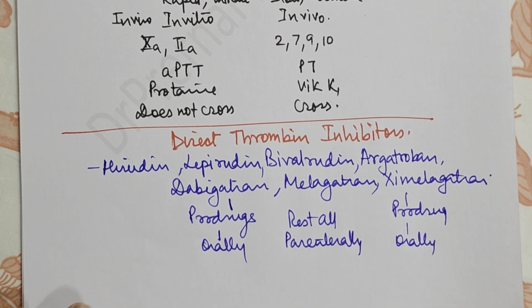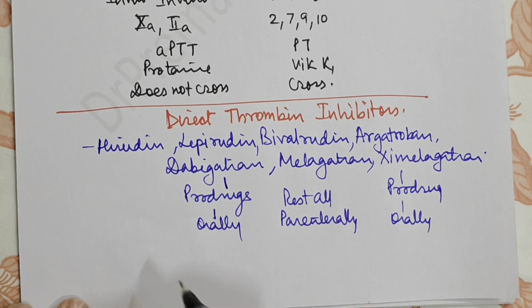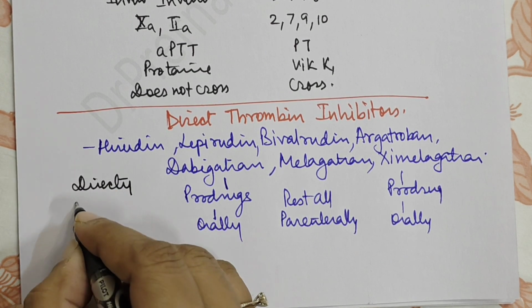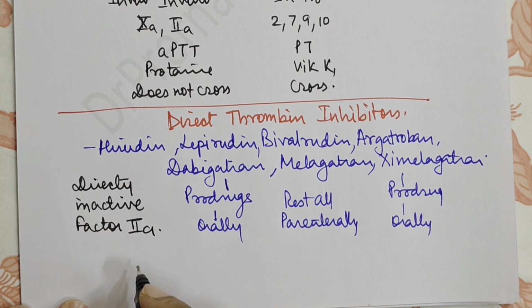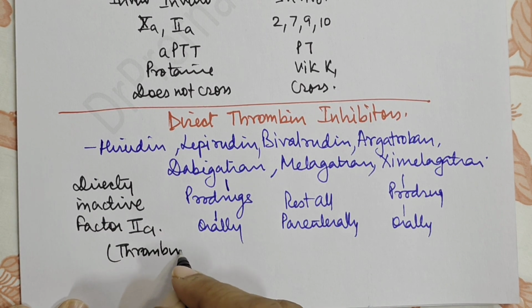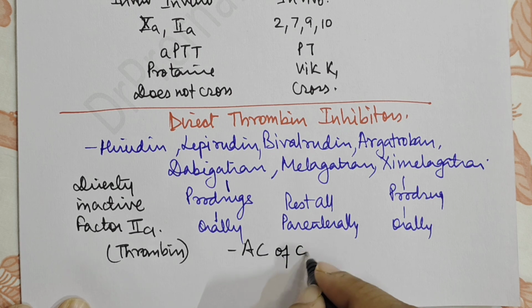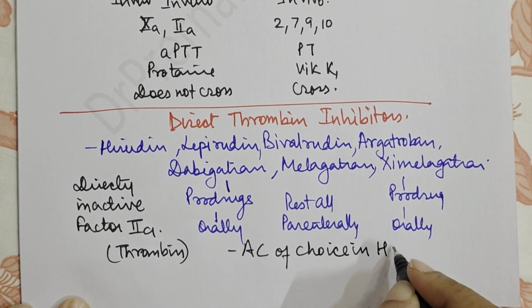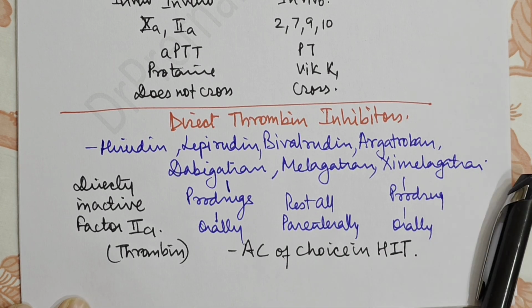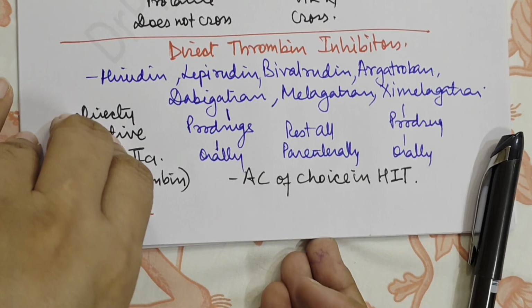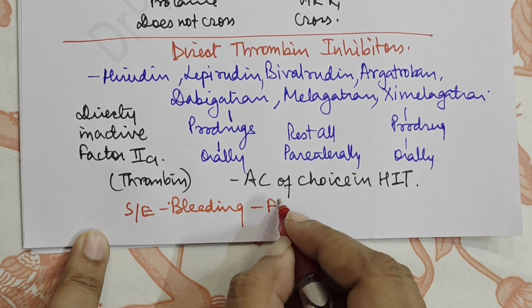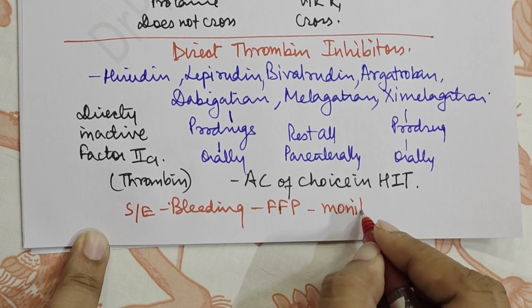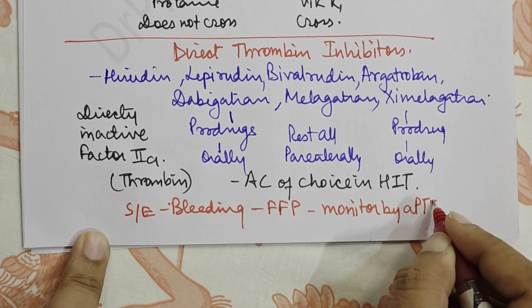Then these drugs directly inactivate factor 2A, that is also called thrombin. This is the anticoagulant of choice in heparin induced thrombocytopenia, right? Their side effect is bleeding, for which you have to give them FFP, and monitor by APTT.